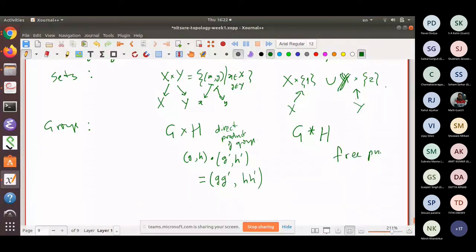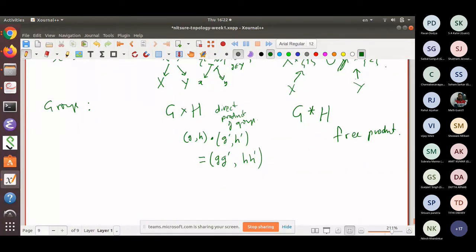If you have not seen the free product, go see it in your algebra textbook. You simply start taking products of elements G1, G2, H, then some more G prime, and so on, G double prime. Then you take some other element H1, H2. Just keep this product.